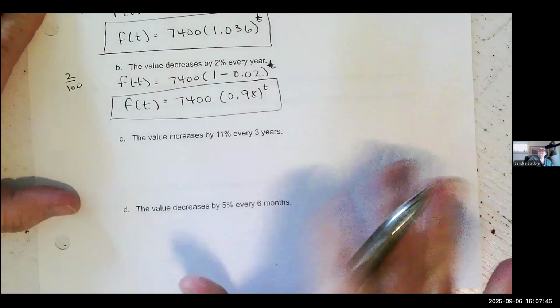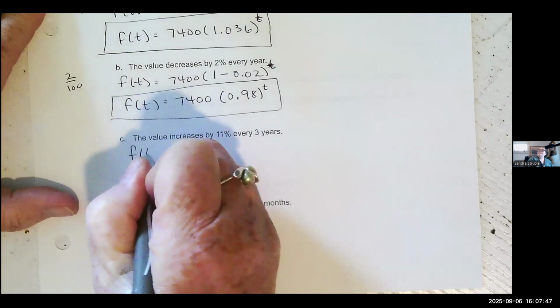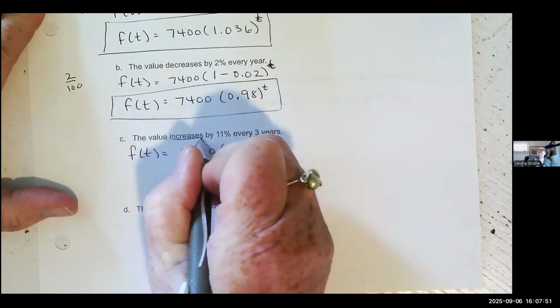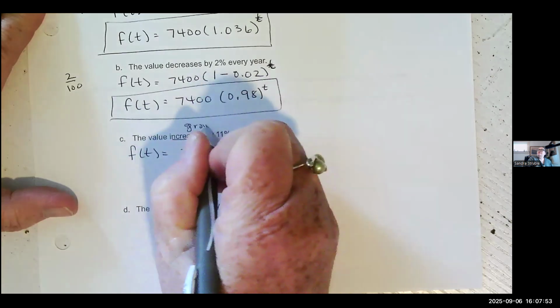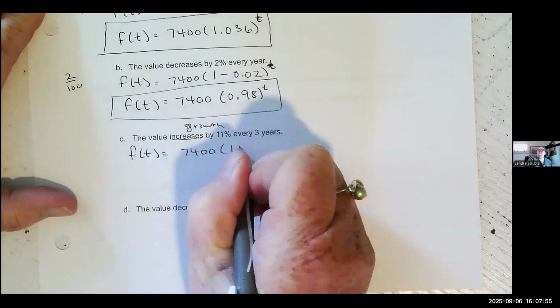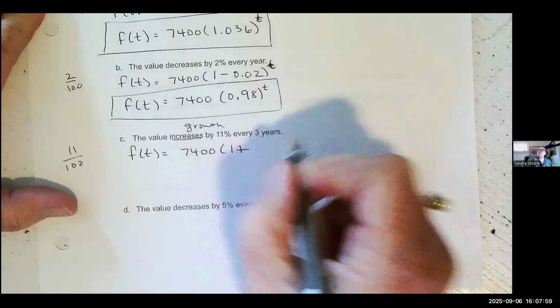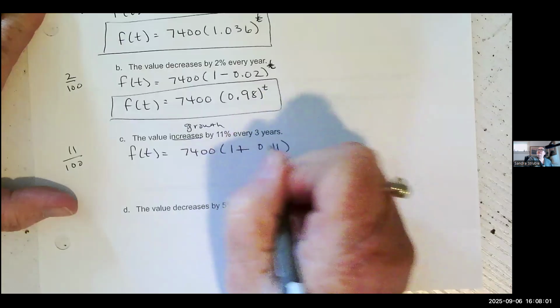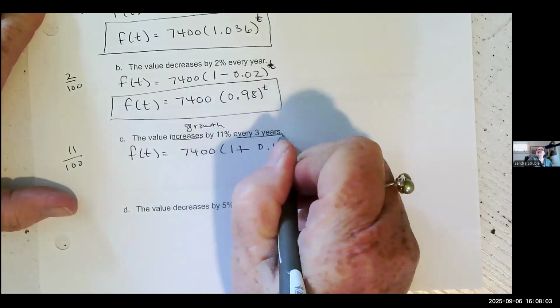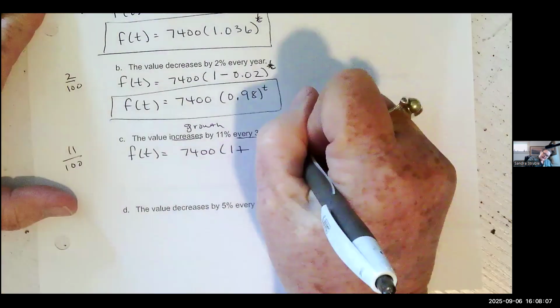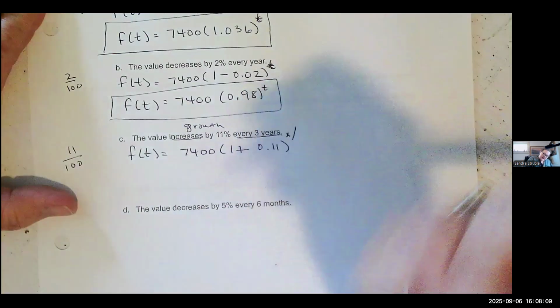Let's go to the next one. F of T. This one's different. 7,400 though. It's increasing. So we have growth. So it's 1 plus 11 divided by 100 is 0.11 every 3 years. Every blank years gets X divided by blank, divided by 3.